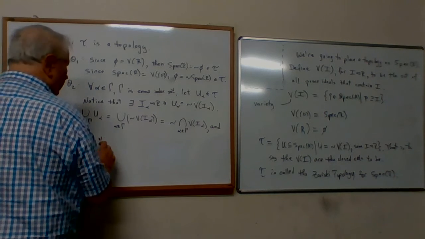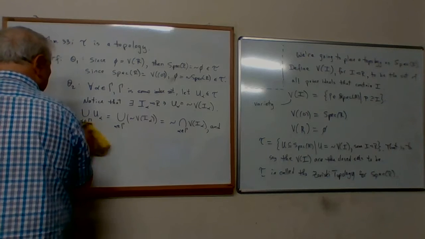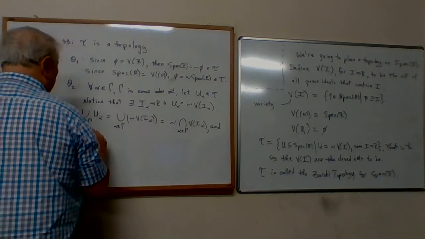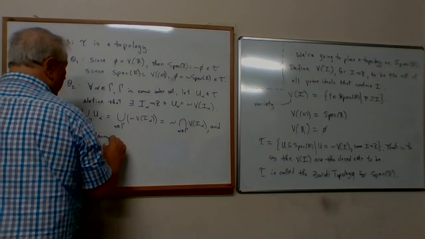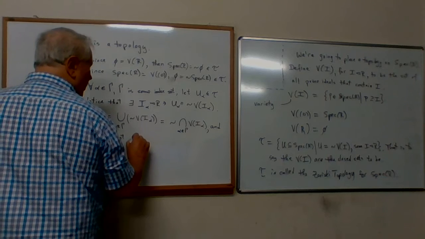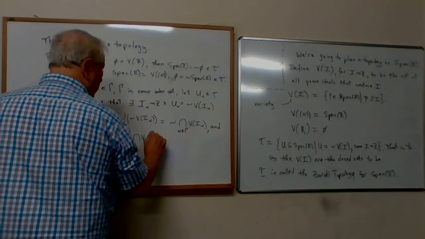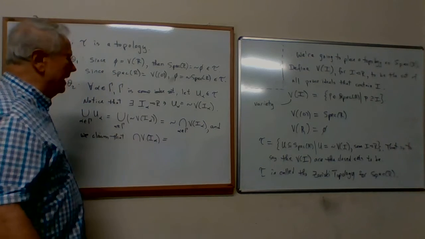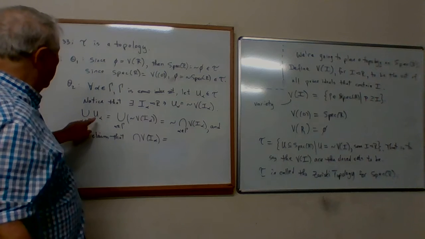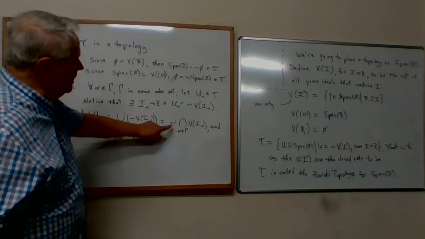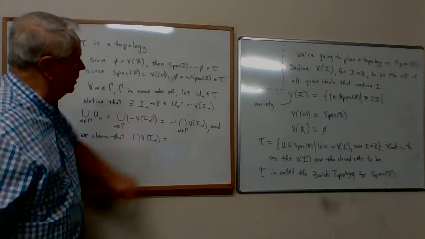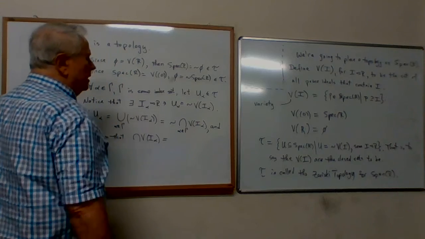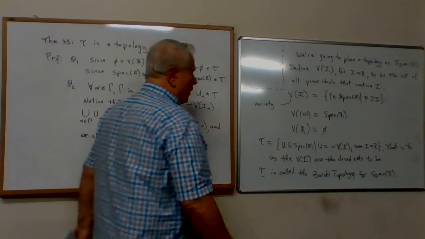And we claim, I was just going to state it, but we're going to prove it. And we claim that the intersection of the V sub alphas. Now, what has to be true? In order for this to be in tau, I need the complement of this to be in tau, which means I need this without complement to be one of the V's.